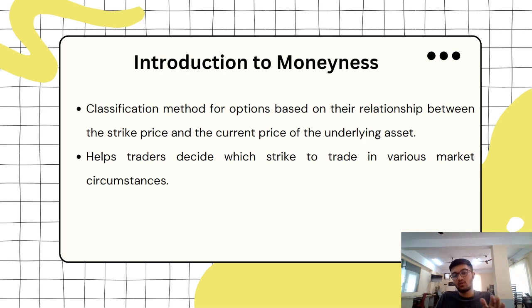In order to understand the moneyness of an option, you need to know which strike price to trade in various market circumstances: when to go for which strike price for option selling, which strike price for option buying, and if I'm trying to buy a call option, which strike price to choose.